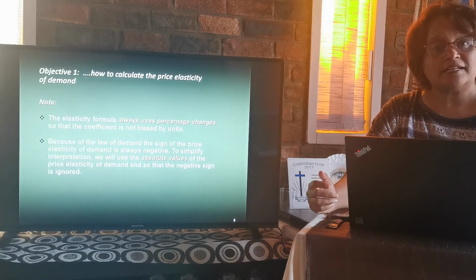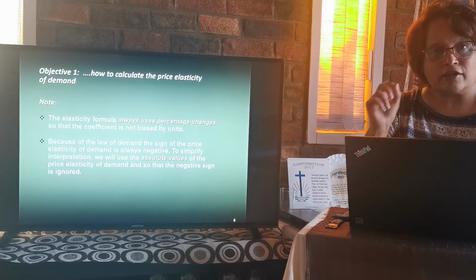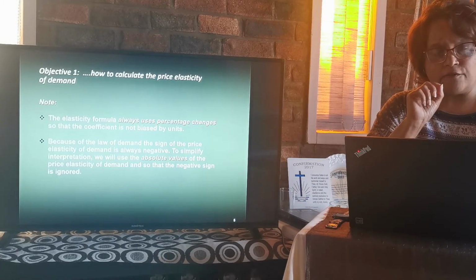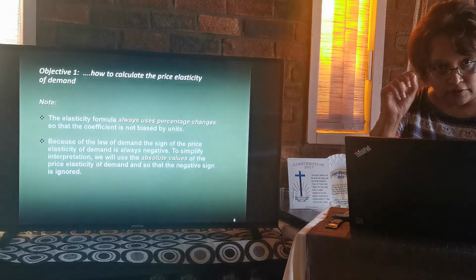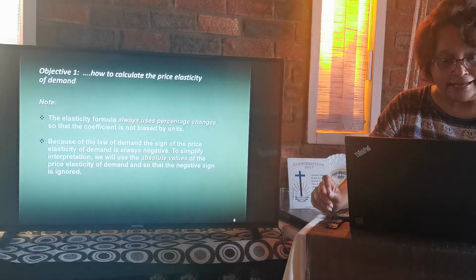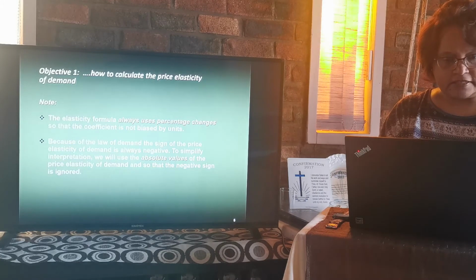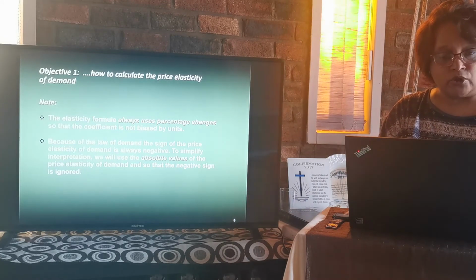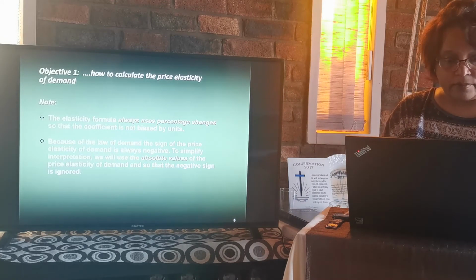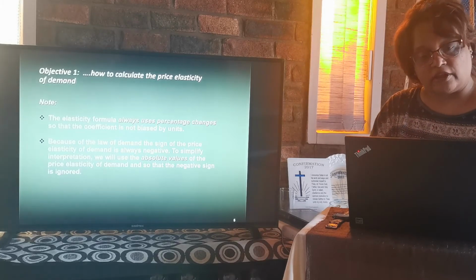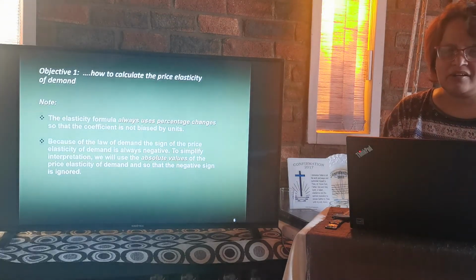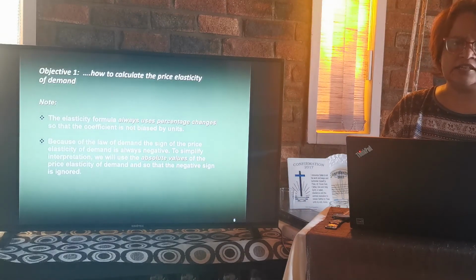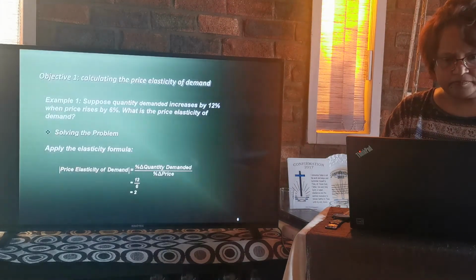So with price elasticity of demand, the formula ends with a minus, a negative effect. For simple interpretation, we will use the absolute values of the price elasticity of demand, so that the negative sign is ignored. We don't want to talk about a decrease, increase, decrease, increase the entire time.